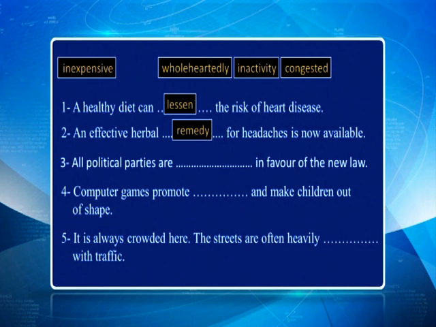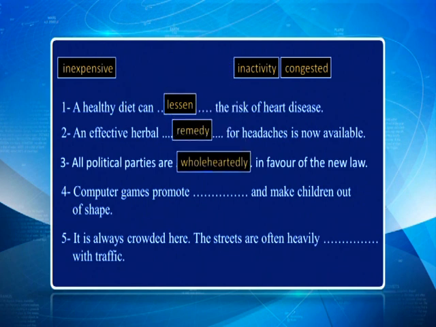And number three, all political parties are blank in favor of the new law. If I read the sentence without the blank, it still remains meaningful. It means that we need something which modifies the verb, which is, in this case, an adverb. And the adverbs we have here, we have only one, which is wholeheartedly. So that's the right answer.